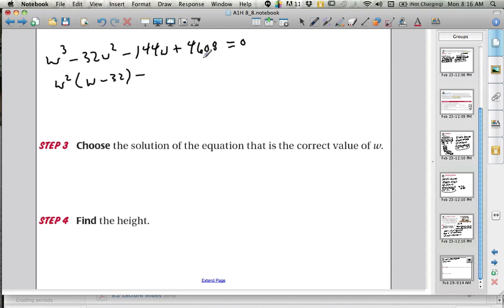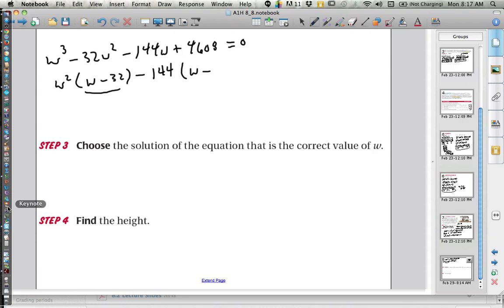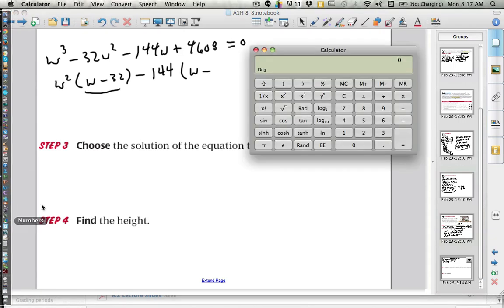And one thing that can help you is, remember, I can only continue factoring if this binomial over here ends up being w minus 32. So I would have to factor a 144 out in order to get w. So then I want to double check, and I'm going to pull out my handy dandy calculator. Is 4608 divided by 144 equal to 32?